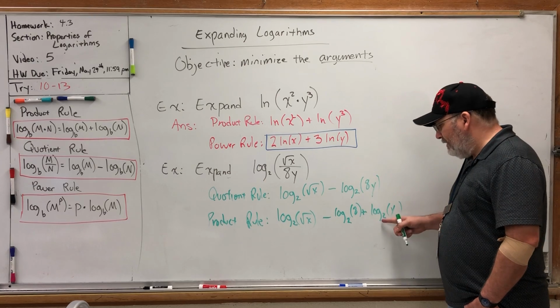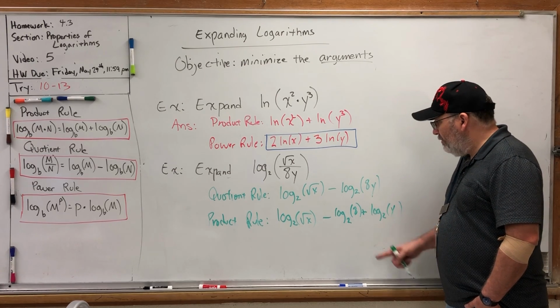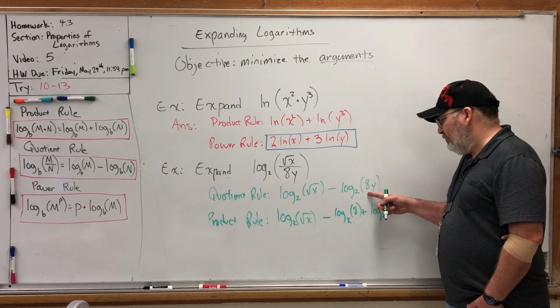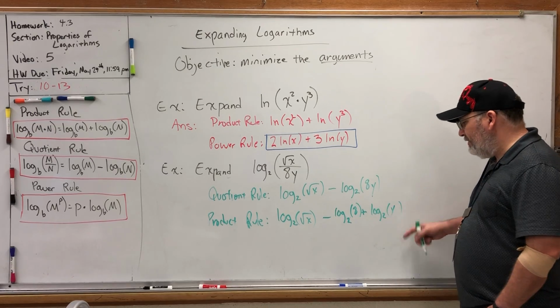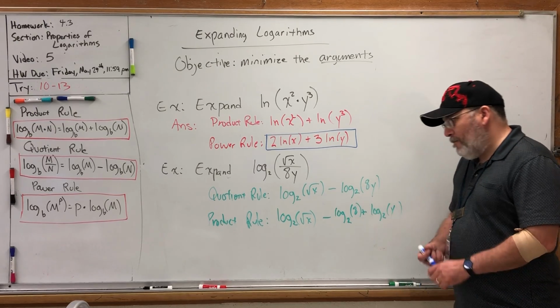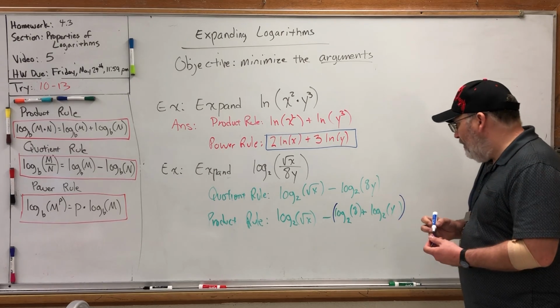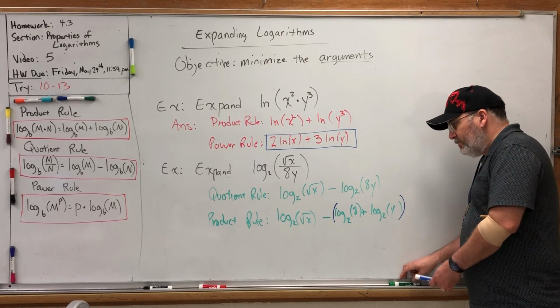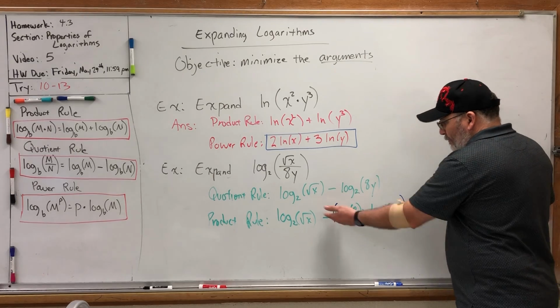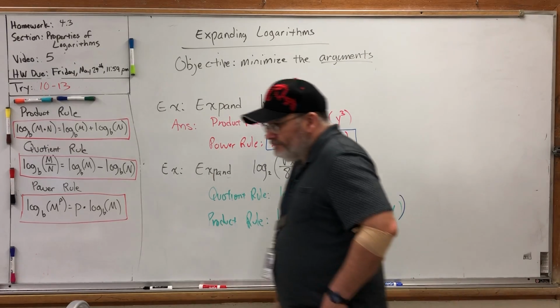That just got expanded into two separate logarithms. So if the minus belonged to the original, then it has to belong to both of these. In other words, that minus applies to everything that was a consequence of using the product rule. There has to be parentheses around the sum.